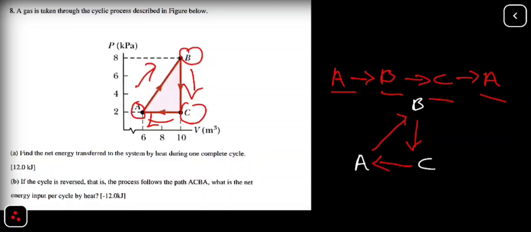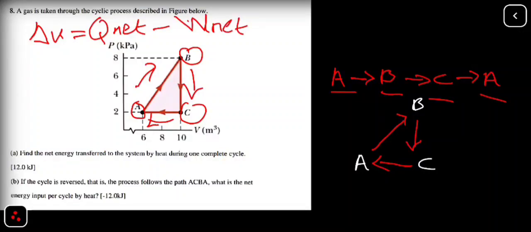The change in internal energy, denoted by U, is equal to Q net, the net heat, minus W net, the net work.